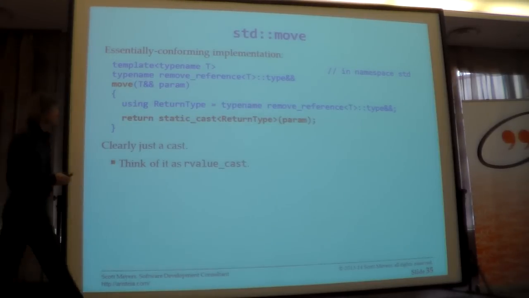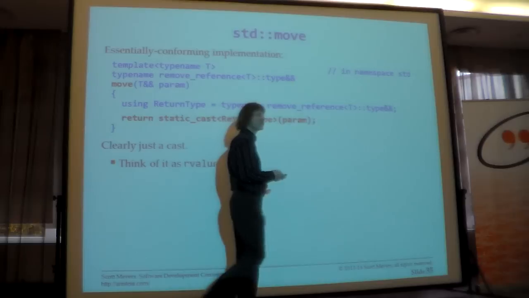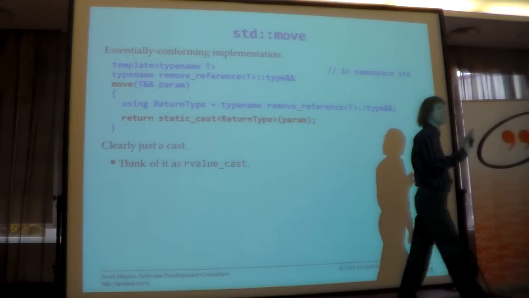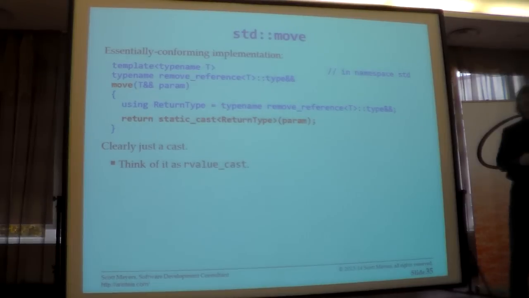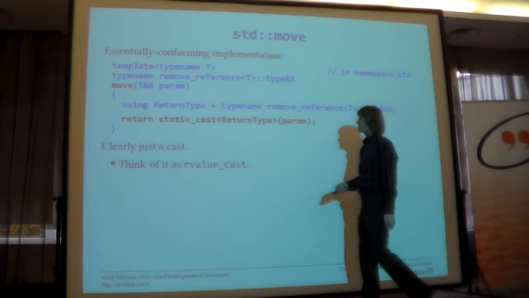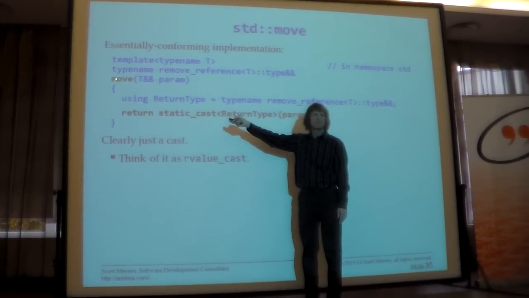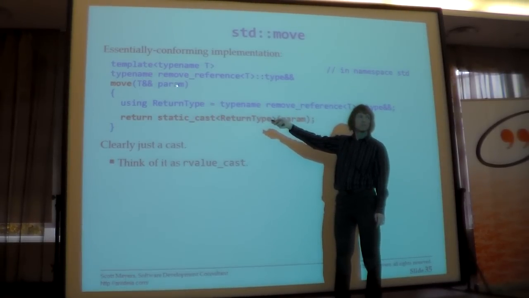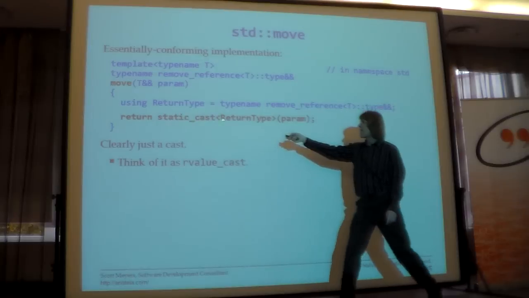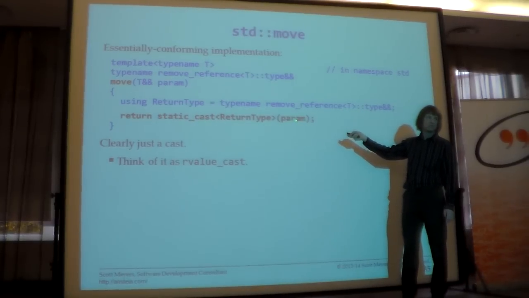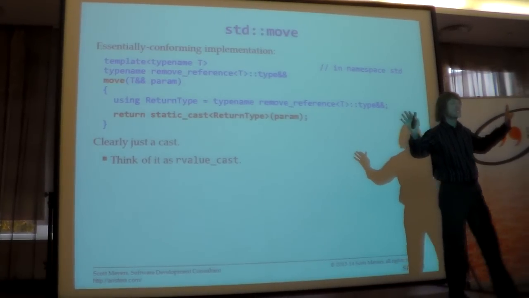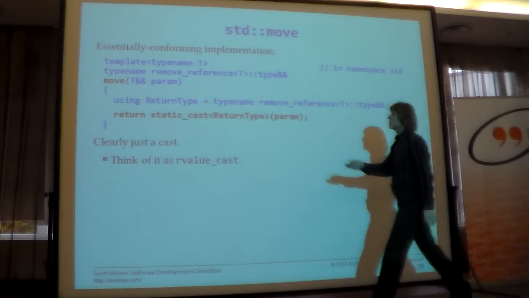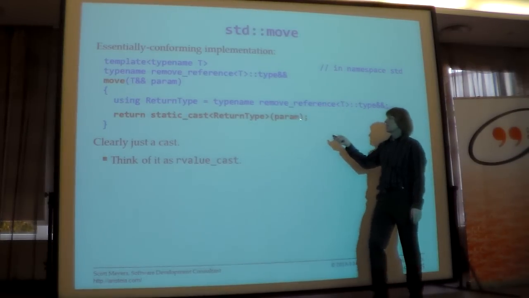So this is an essentially conforming implementation of move. The details won't make a lot of sense until we talk about reference collapsing, but this is what I want you to notice. Here's the name of the function, move. It takes some parameter, which it returns after casting it. Even if none of the other code on the slide makes sense, it's very clear this function is nothing but a cast.